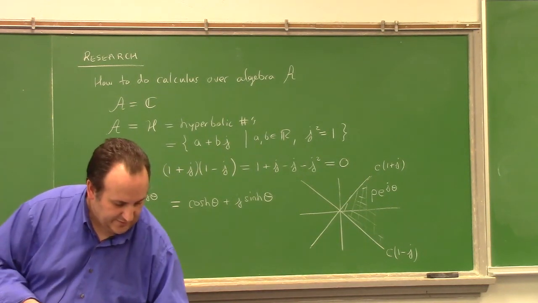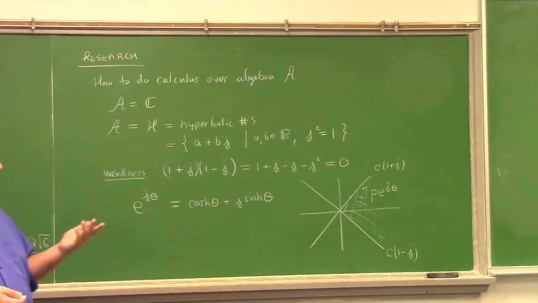You might wonder, okay, who cares? Well, I'm just very interested in understanding how calculus works in the most abstract way. Complex numbers have been very successful. If you go on in engineering, you can use complex numbers to do something called conformal mapping.